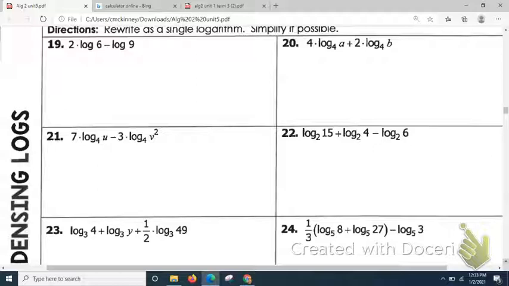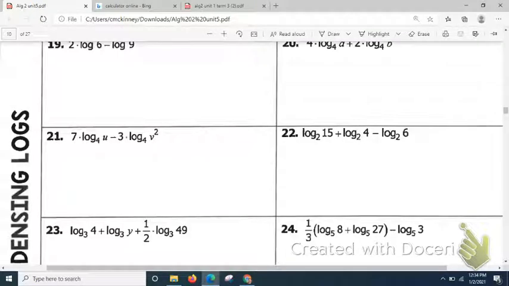And so here, make sure that you take care of the power first. So we're putting more than one thing together in the same problem. So the 2 is a power that's going to jump on the 6. It goes on what's right after it, not the very end. So this would be the same as log of 6 squared minus log of 9.